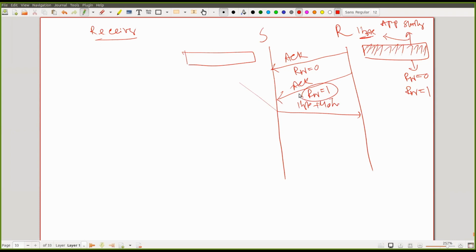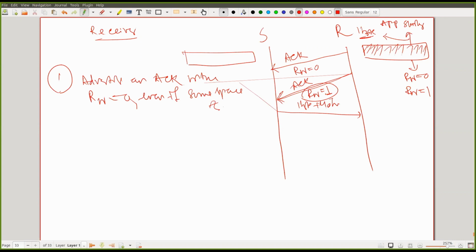So what is the solution, Clark's solution, as far as the receiver problem is concerned? It says: you advertise an ACK with a receiver window size of 0, even if some space is available.